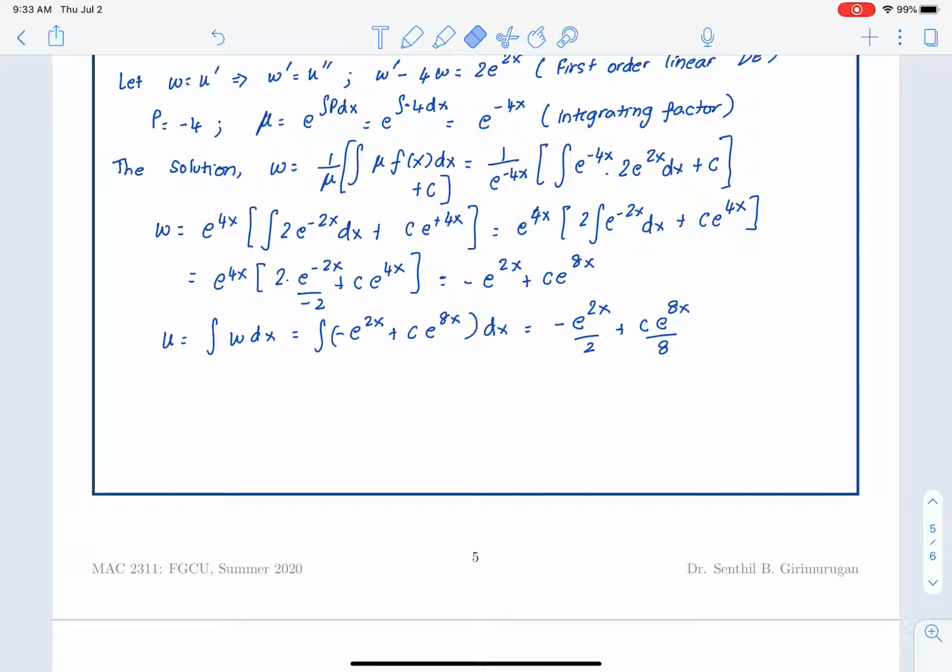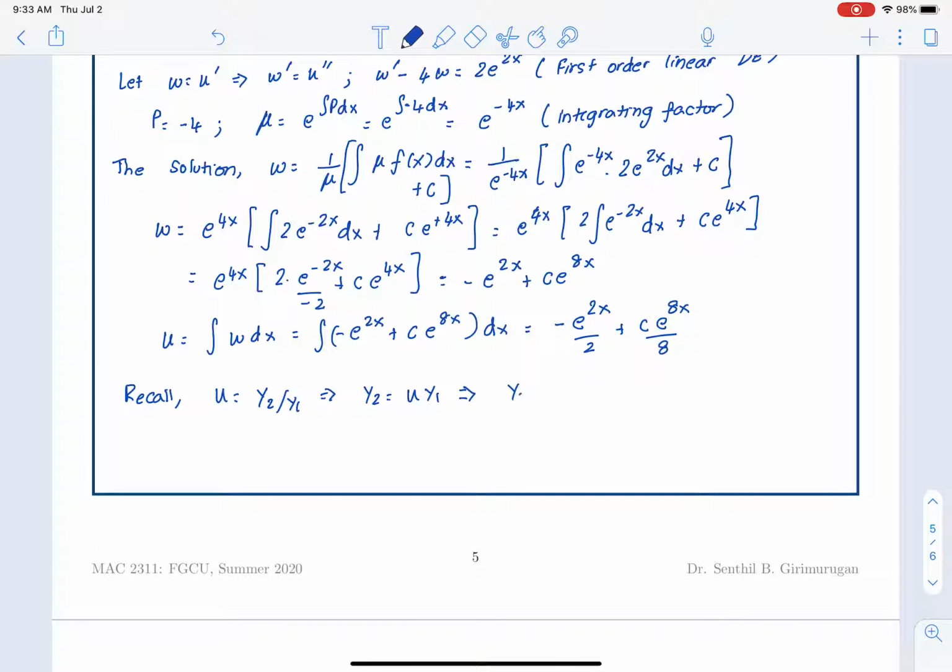So again, if we recall, u is simply y2 over y1, which is y2 equals u times y1.